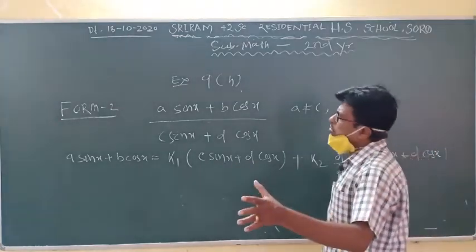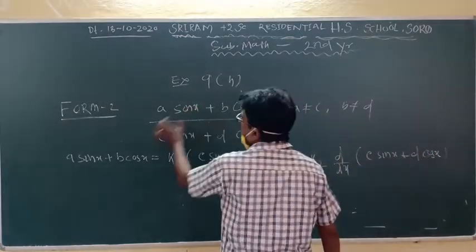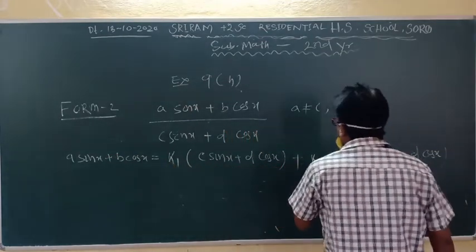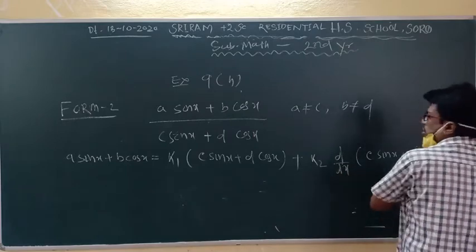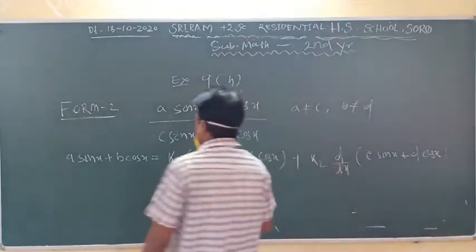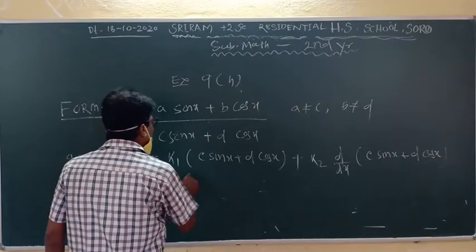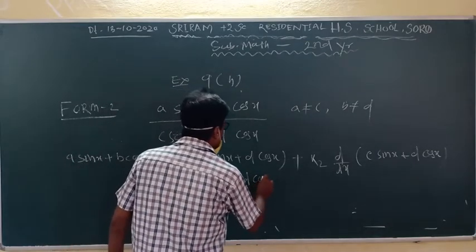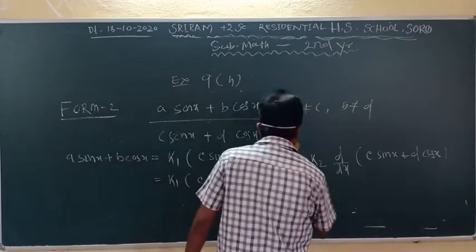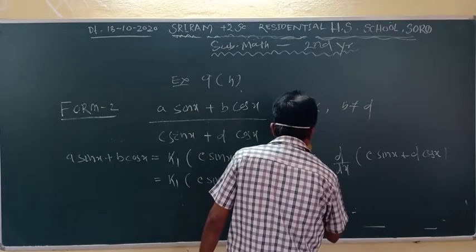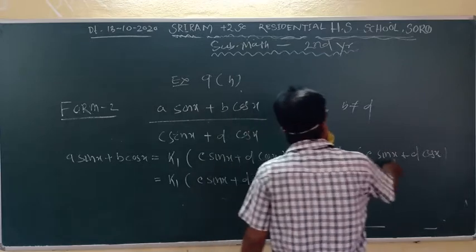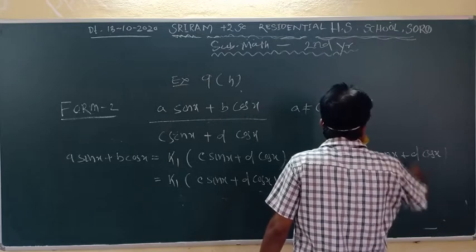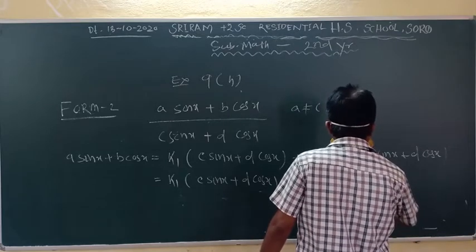So the numerator is broken into k1 times the denominator plus k2 times the derivative of the denominator. The derivative of sin x is cos x, and the derivative of cos x is minus sin x, so c cos x minus d sin x.